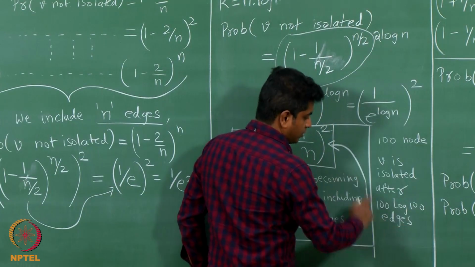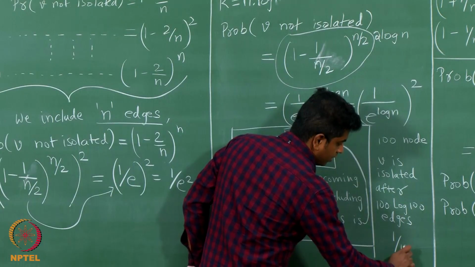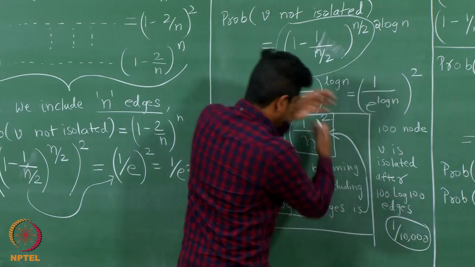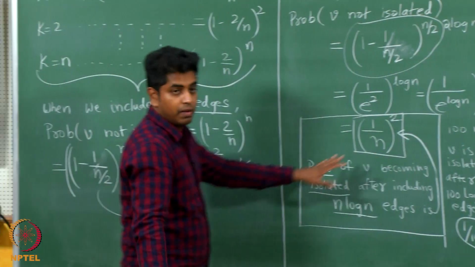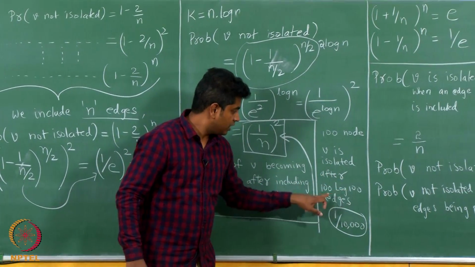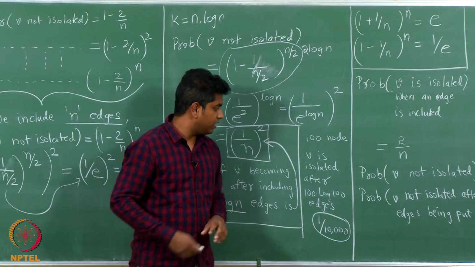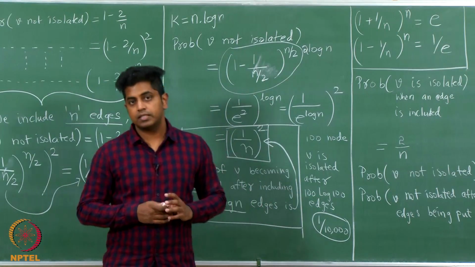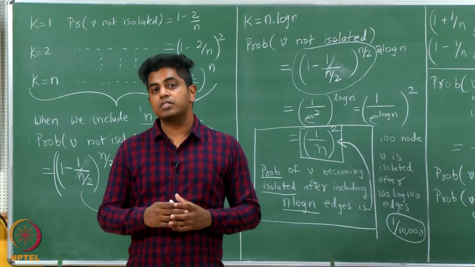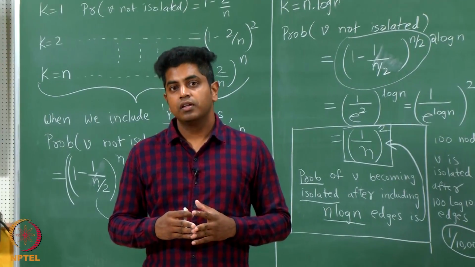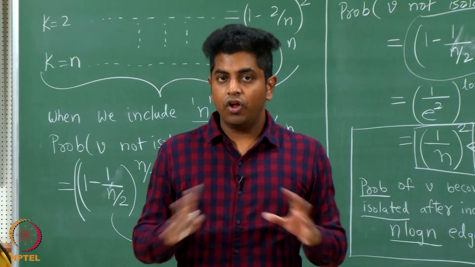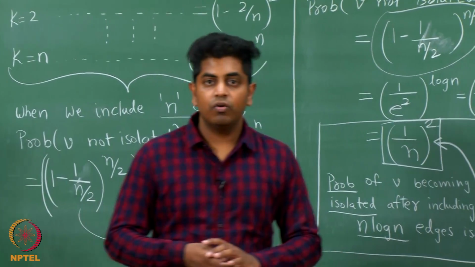The probability for this to happen is 1 over 10,000 is what my observation says. My observation says when you take 100 nodes, a vertex V is isolated with a very small probability if you put 100 log 100 edges, which means when you take a graph G with n nodes, by just putting n log n edges, with a very high probability you will not have any isolated vertices.